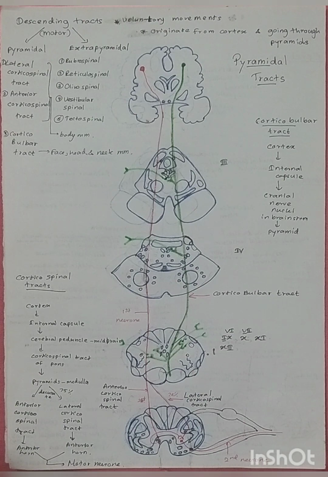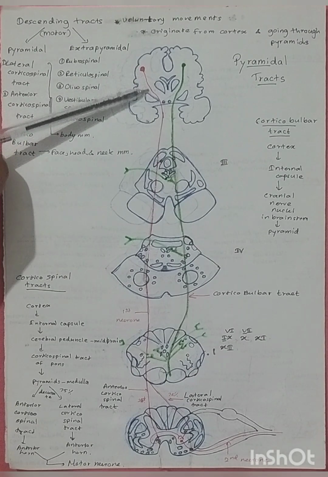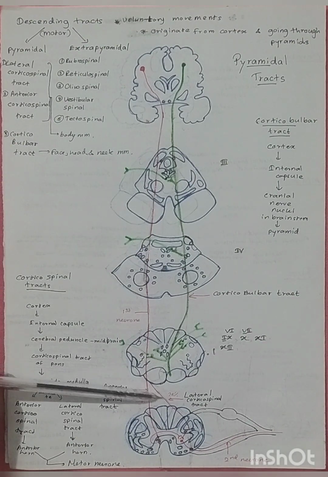Here, the pyramidal tracts, there are three types: lateral corticospinal, anterior corticospinal, and corticobulbar tract. So first we will talk about the corticospinal tracts, which I told that there are two as lateral and anterior. So here I have drawn in red the corticospinal tracts.